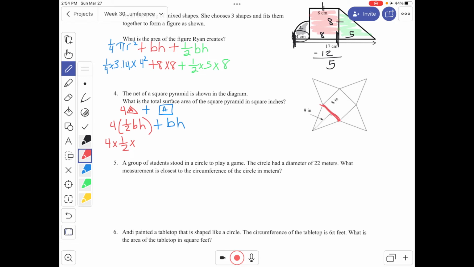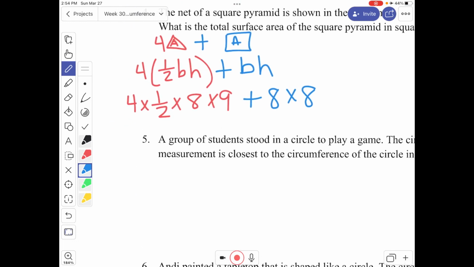Since it's a square, all the sides are the same. So if this one was 8, that one's also 8. Times the height, which remember has to be at a right angle, so that's 9. Plus the base of the rectangle is 8. And the height is also 8 because it is a square.